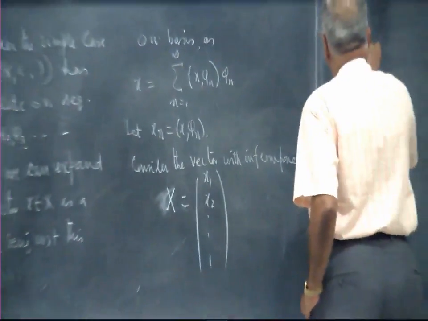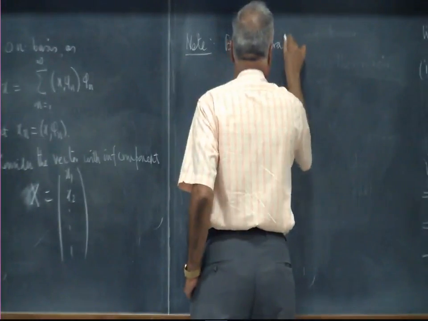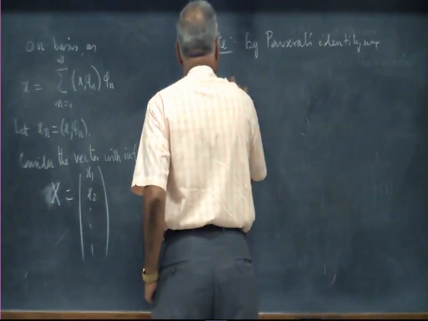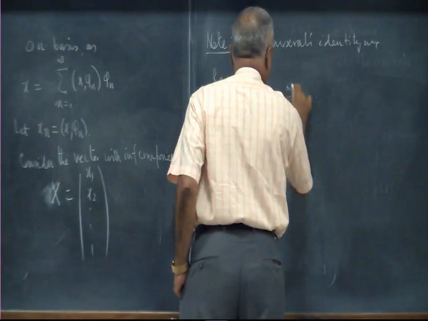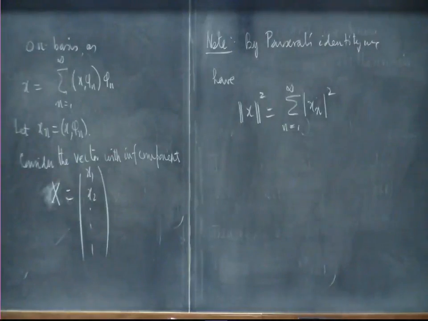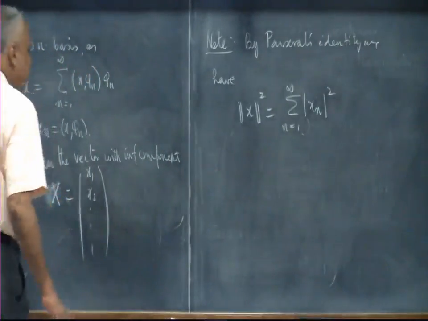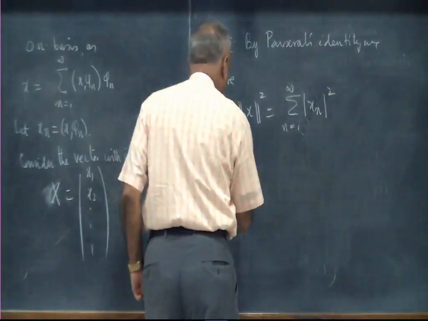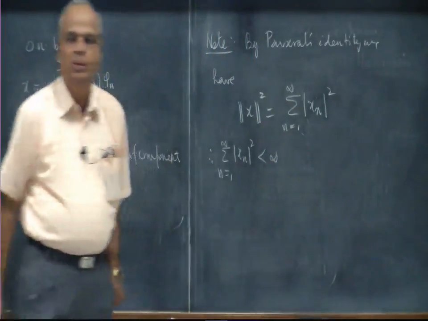Note, by Parseval's identity, we have norm of x squared is summation n equal to 1 to infinity mod x n squared. Every vector in the inner product space has a finite length, therefore this is a finite quantity, so the summation of mod x n squared is less than infinity.